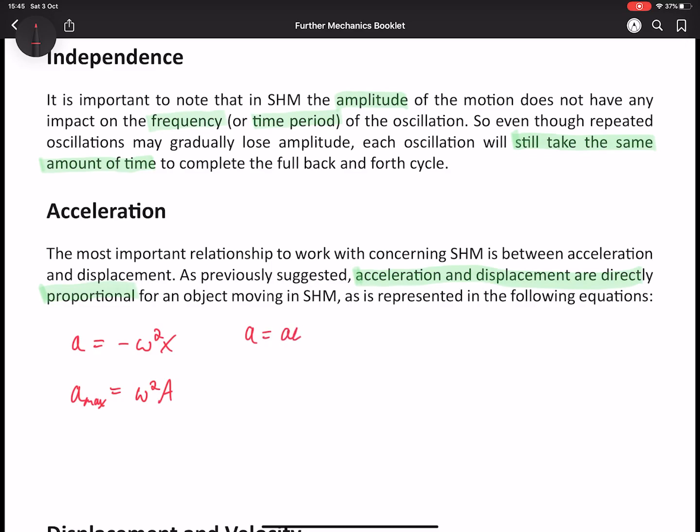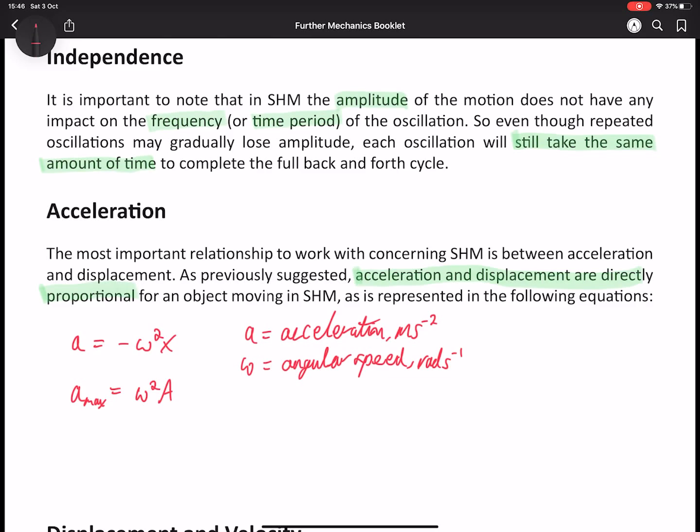The normal acceleration here is indicated as negative to show you it is always accelerating towards that central point. Whereas the maximum acceleration is at the point where the object will have stopped and is changing direction. So the negative has no real meaning at that point. So acceleration again is in meters per second squared.